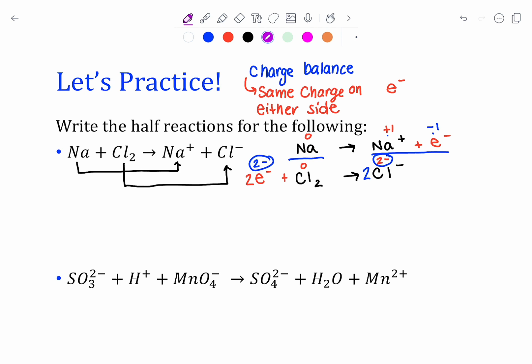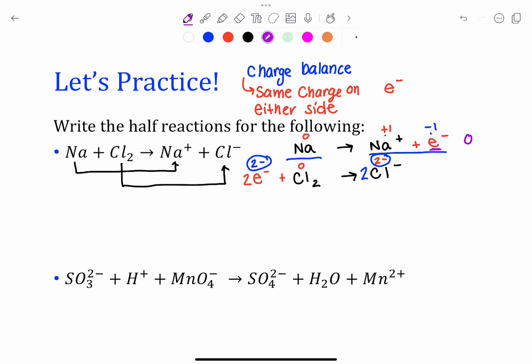Since sodium has the electrons on the product side, this would be the oxidation half reaction. Whereas with the chlorine, the electrons are on the reactant side, meaning it has to accept or gain those electrons in order to get to the product. Therefore, gain of electrons is reduction, or reduction is gain. So this would be the reduction half reaction.